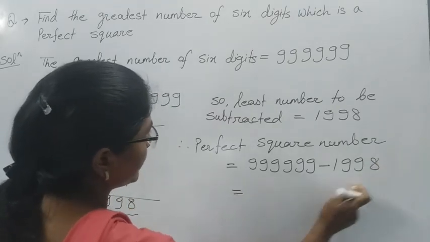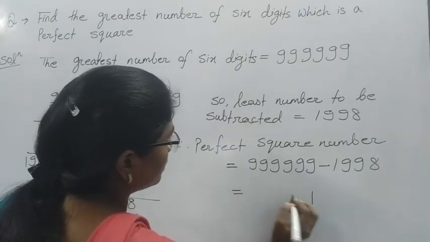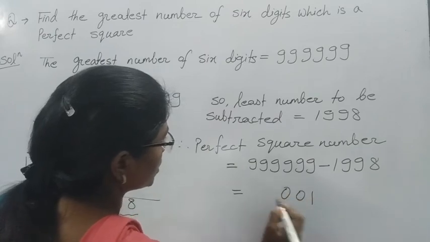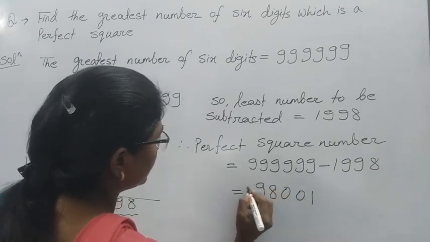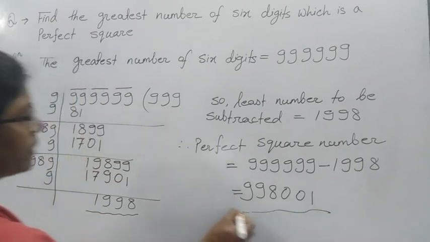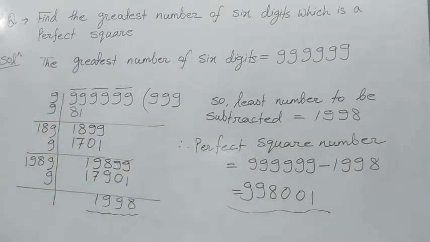So what we get, subtract them, 1 0 0 8 9 9. So this is the required number, which is a square number.